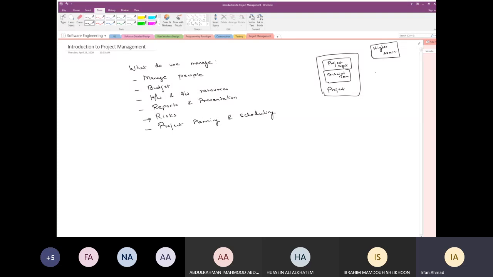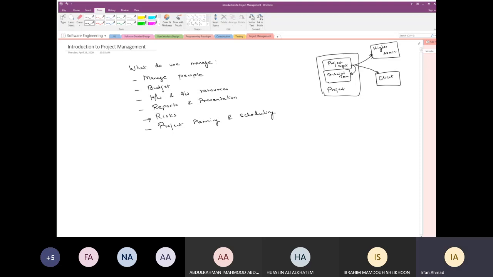Then you have this client. And of course, with the client come the end users and stuff like that. So what happens is the project management has this job. It has to communicate with the technical team to make sure that things are going fine. It has to communicate the findings and reporting to the higher team. It also has to communicate with the client.